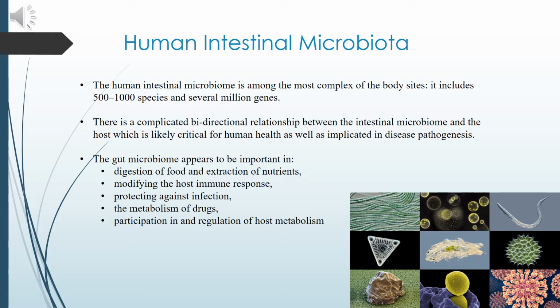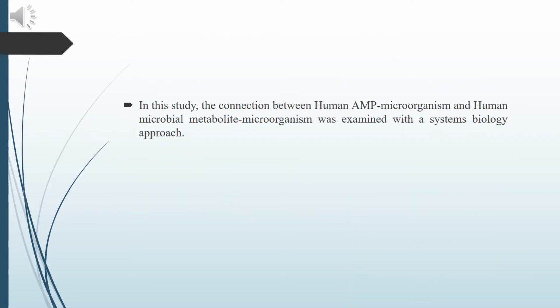The gut microbiota is important in digestion of food and extraction of nutrients, modifying the host immune response, protecting against infection, the metabolism of drugs, and participation in and regulation of host metabolism. In this study, the connection between human AMP-microorganism and human microbial metabolite-microorganism was examined with a systems biology approach.